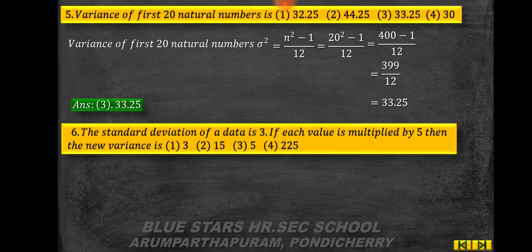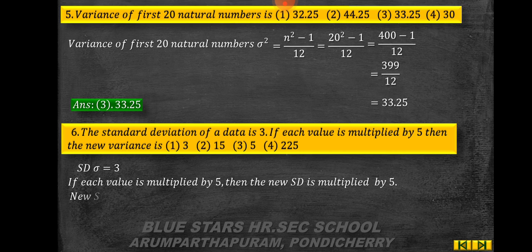Question number 6. The standard deviation of a data is 3. If each value is multiplied by 5, then the new variance is option 1, 3, option 2, 15, option 3, 5, and option 4 is 225. So standard deviation sigma is equal to 3.